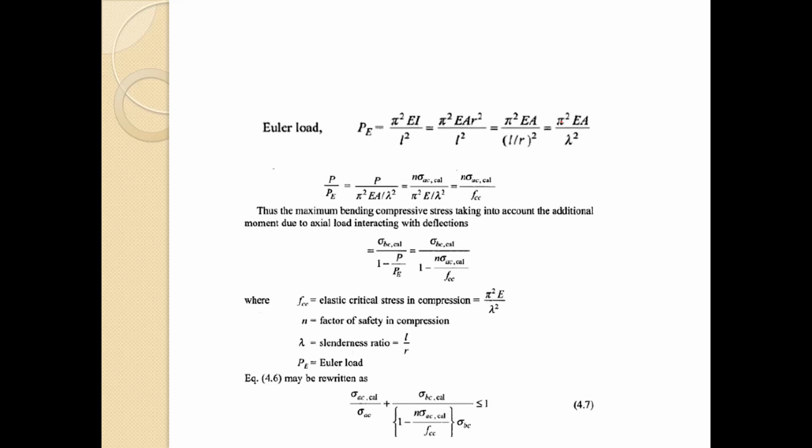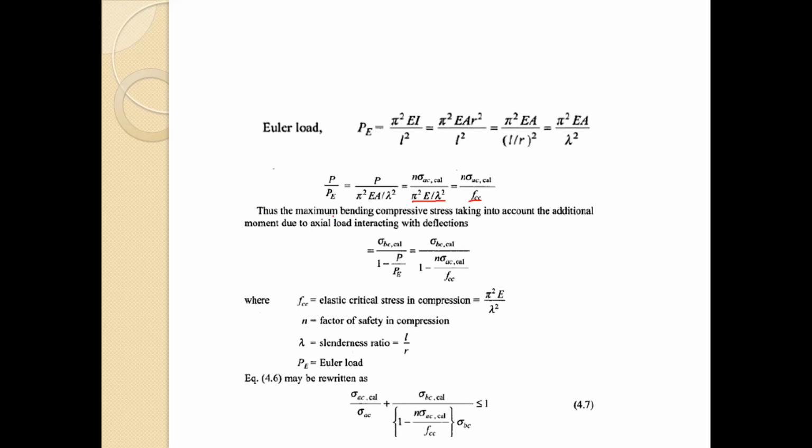We are converting this into pi square E A divided by lambda square, because L by R is nothing but lambda. So if we divide P by PE, what we'll get is P divided by pi square EA divided by lambda square. Again we are converting P by A into n sigma AC calculated divided by pi square E by lambda square, which is nothing but the FCC.